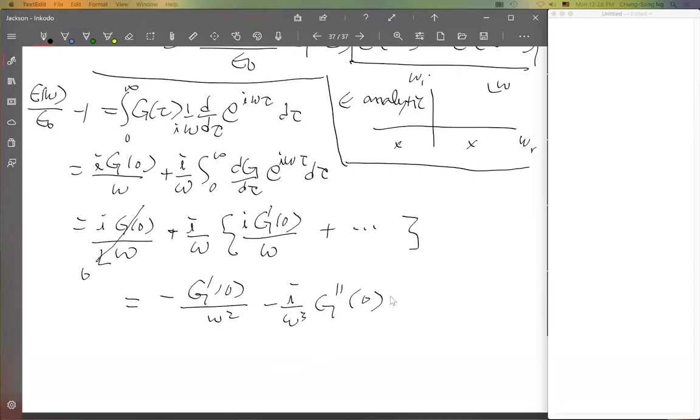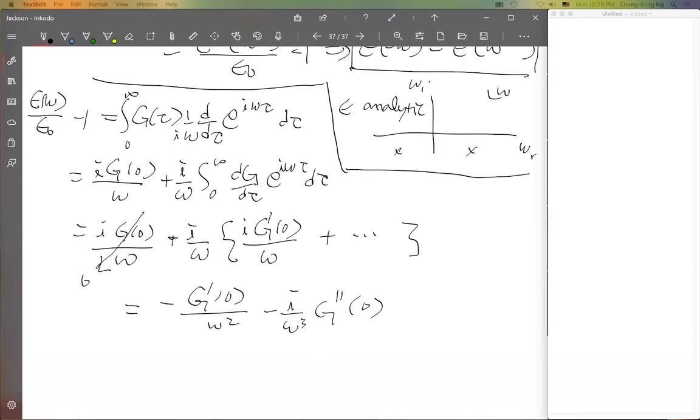Both will go to 0 as omega is large. And we'll use that to derive the Kramers-Kronig relation, which we'll do on Wednesday.